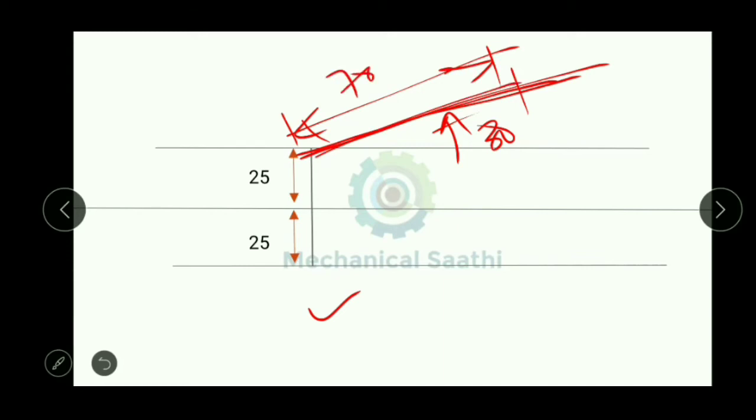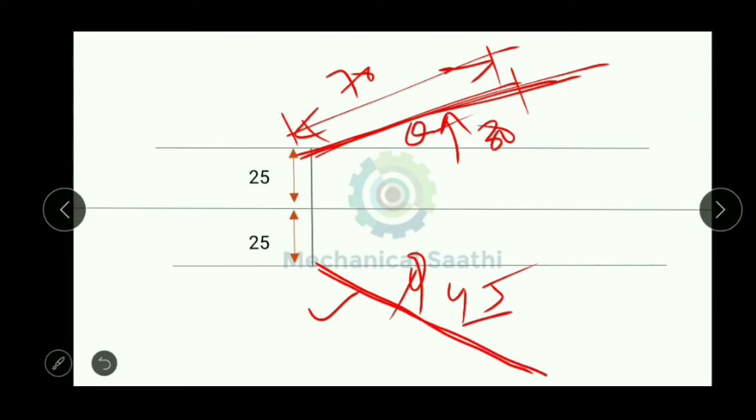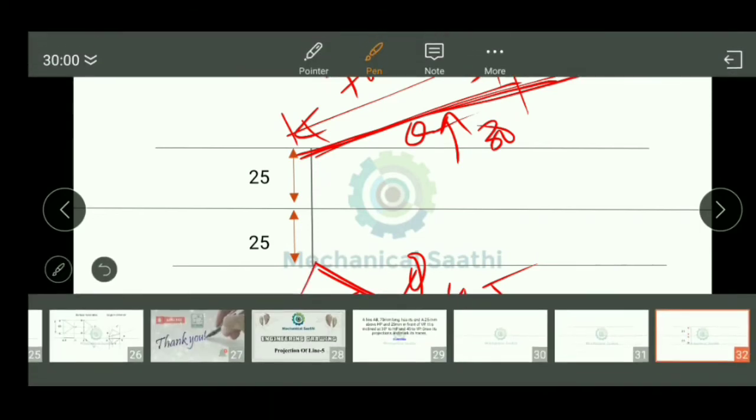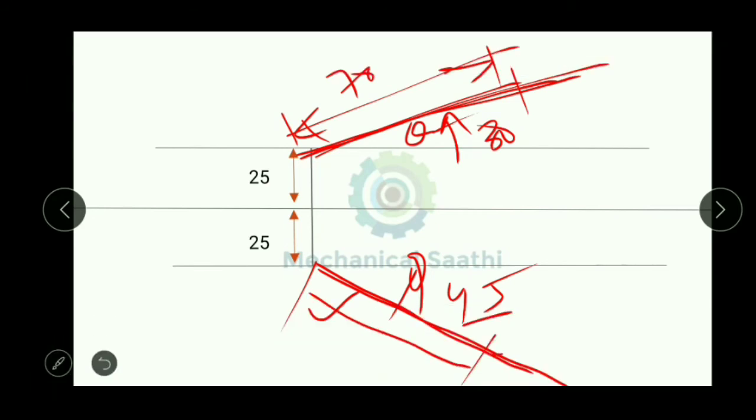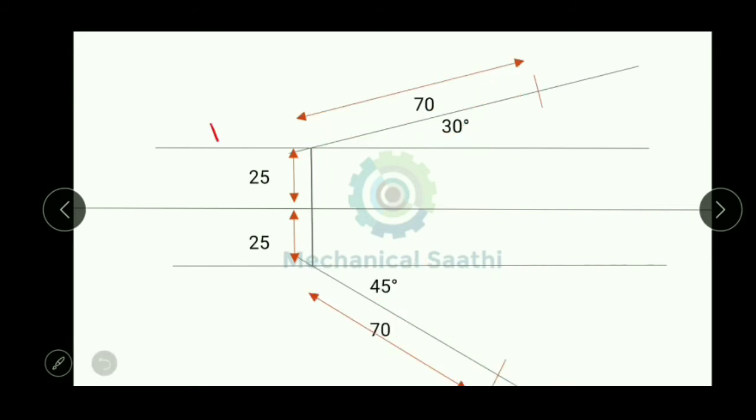Likewise on this side, this is theta and this is phi, which is given as 45 degrees. At 45 degrees I can draw a straight line over here, and again mark 70 mm. If I draw that, it will look like this.